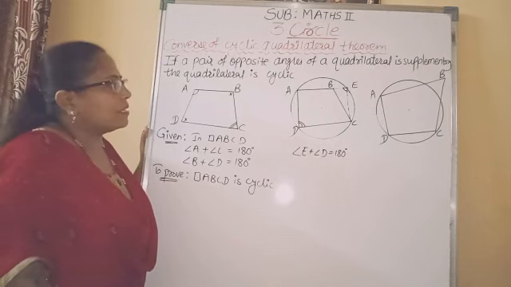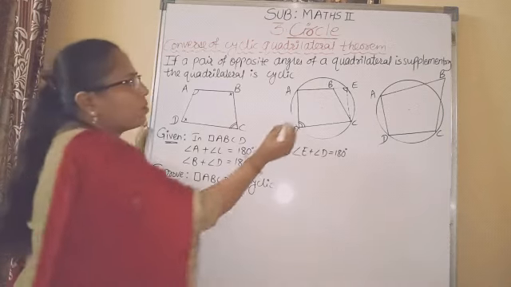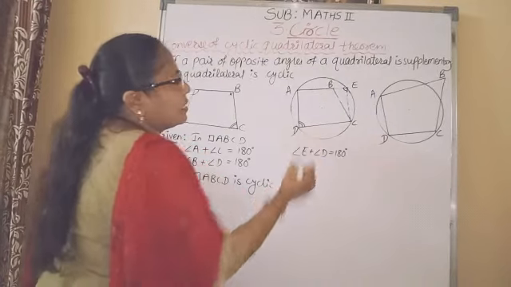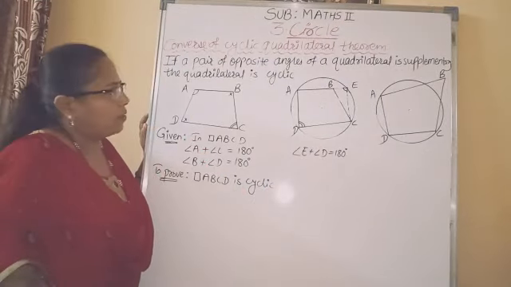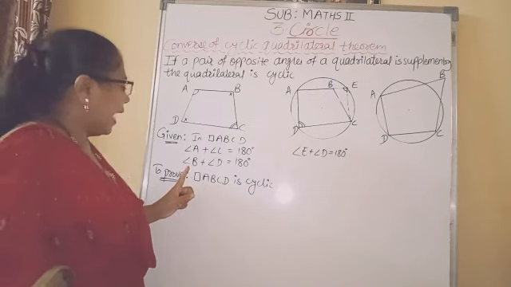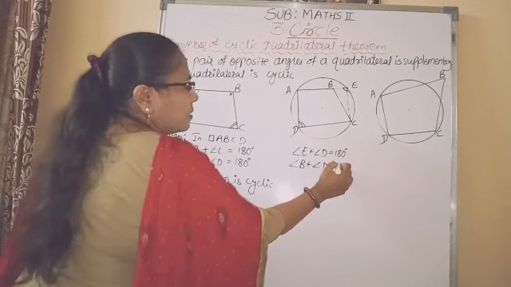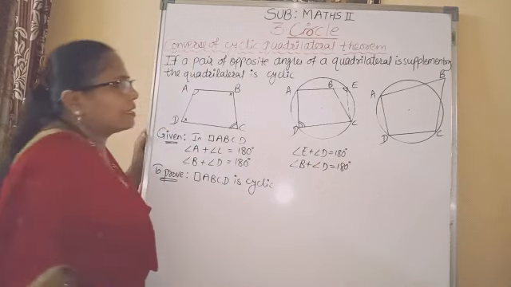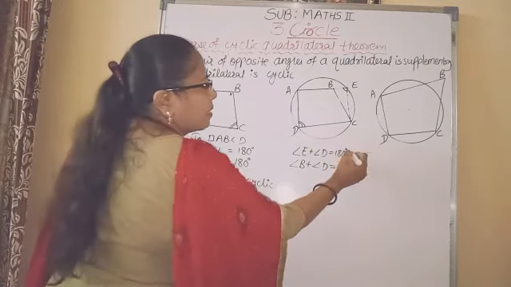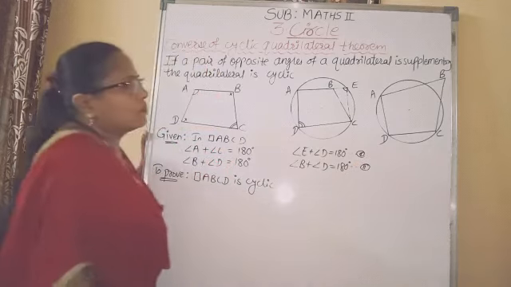We can write the reason: opposite angles of cyclic quadrilateral, because point E is on the circle. So AECD is cyclic quadrilateral. Okay. But what is given here? Angle B plus angle D is equal to 180 degree. It is given. This is our statement number 1 and this is our statement number 2.